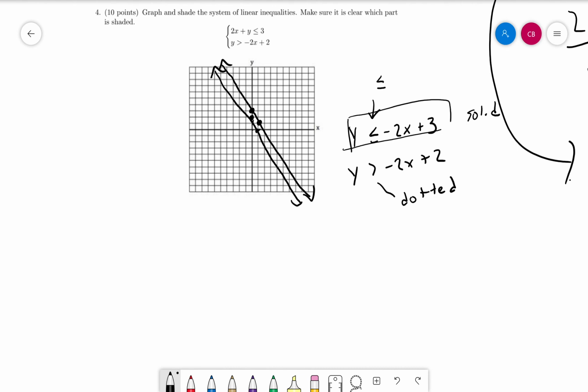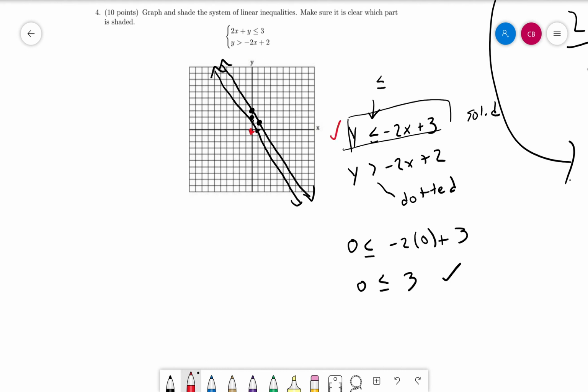Now we do a test point. We can use 0, 0 for both of them. If we plug 0, 0 into this, 0 is less than or equal to negative 2 times 0 plus 3, which says 0 is less than or equal to 3. So 0, 0 worked, and that point that we're testing is right here, with regard to the top line, so that one worked.